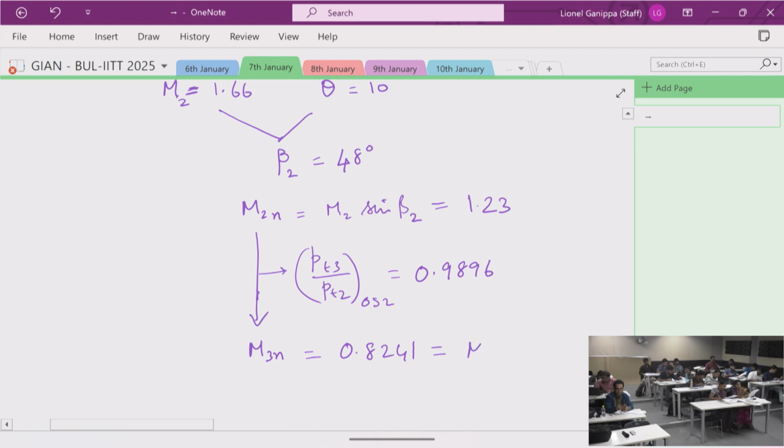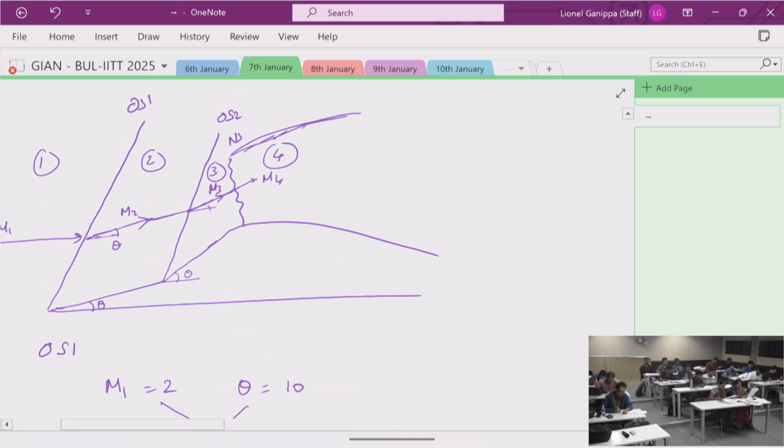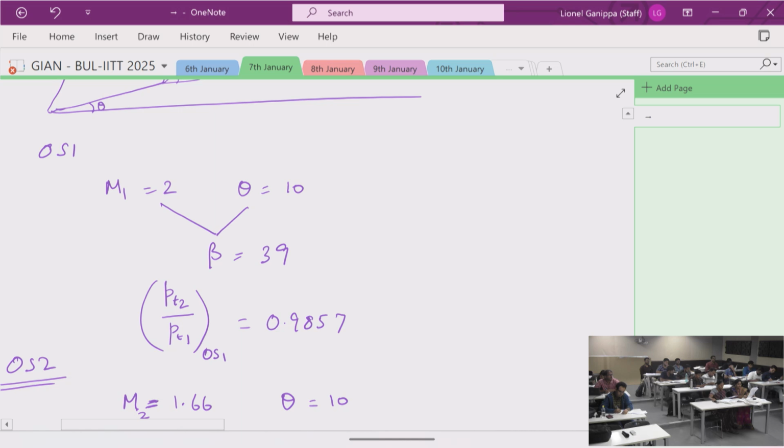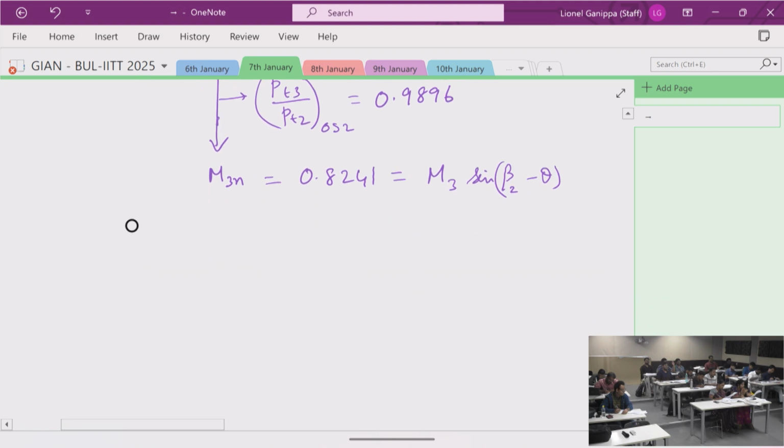And this is equal to M3 sine beta 2 minus theta. From this you can find M3 is equal to M3N by sine beta 2 minus theta. So what is the Mach number after? How much?